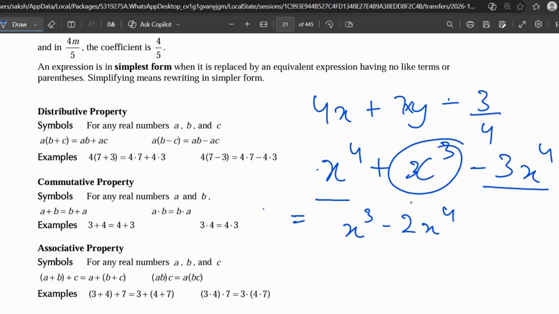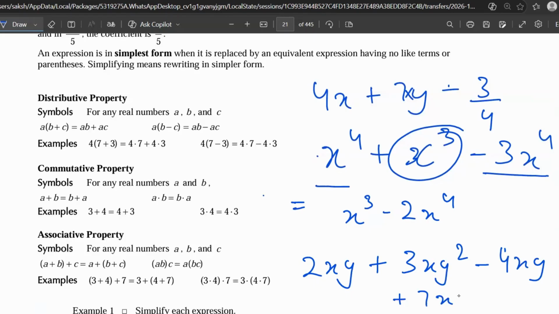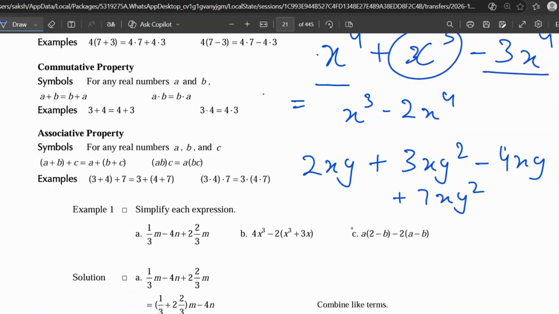Yes, everyone is correct, because only like terms are added, not unlike terms. Based on the same condition, if I write 2xy plus 3xy square minus 4xy plus 7xy square, what is the simplest form?